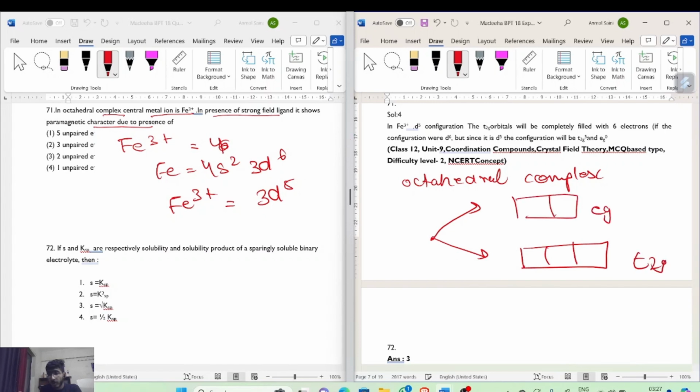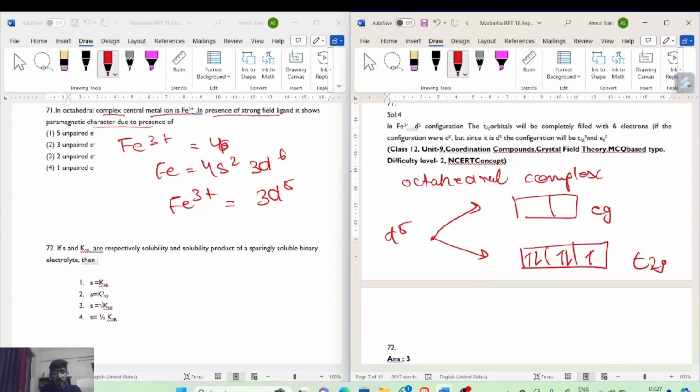We are given strong field ligands, so we have to fill d5. The first electron will go there, the second electron will go there, the third electron will go there. But since a strong field ligand is present, the next electron will go to t2g, not to the eg. Now the fifth electron will go here. So we got one unpaired electron.